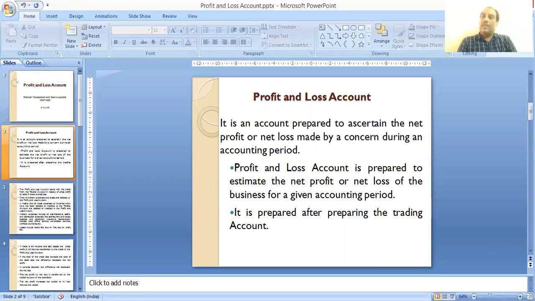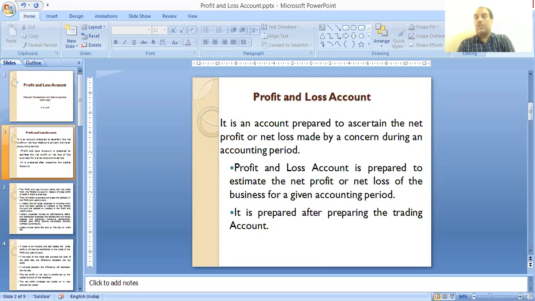Here, in the profit and loss account, we prepare it for knowing the net profit or net loss. All those direct costs which are included in the trading account are excluded while we prepare the profit and loss account. So the profit and loss account does not include direct expenses or direct income. Here we take net.